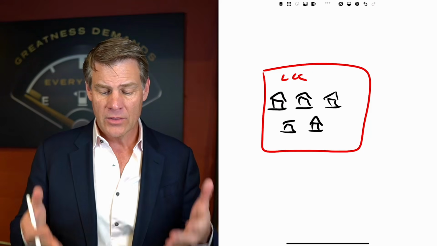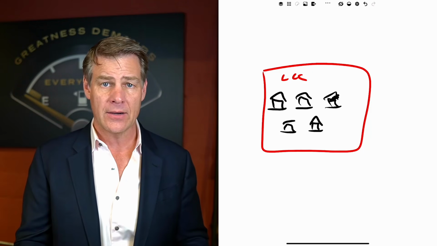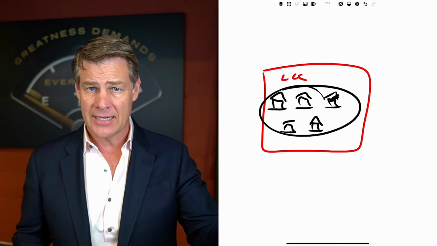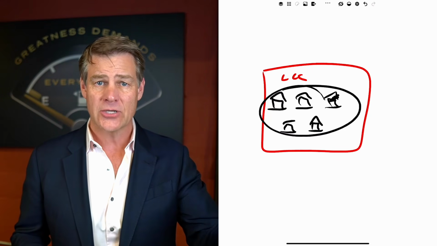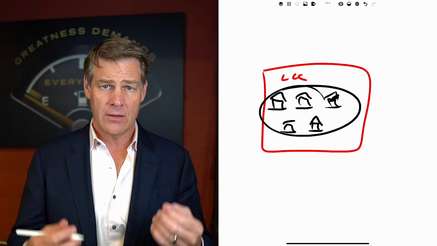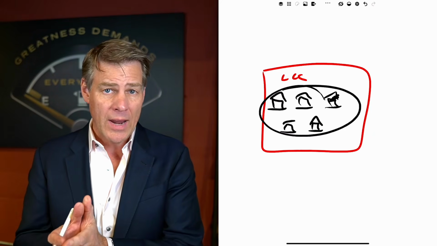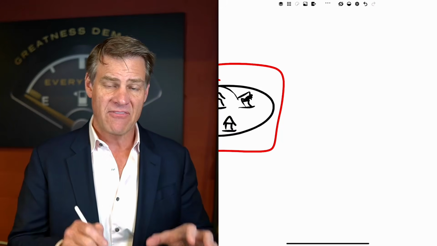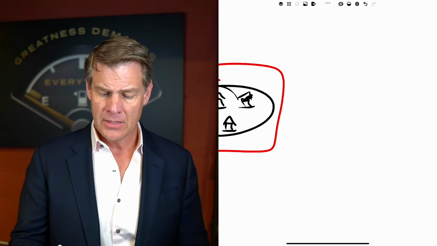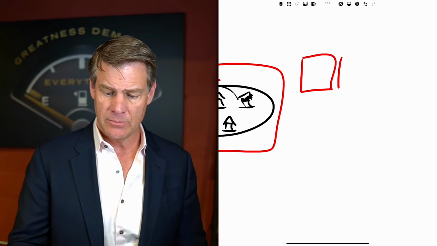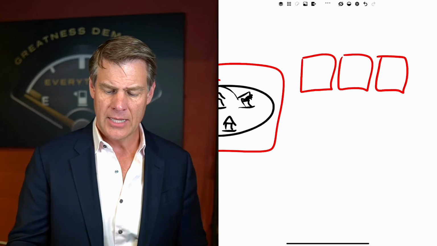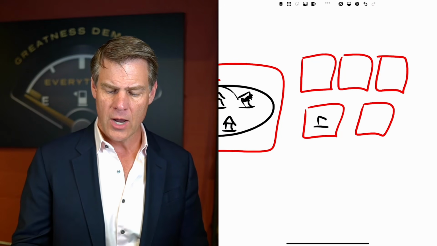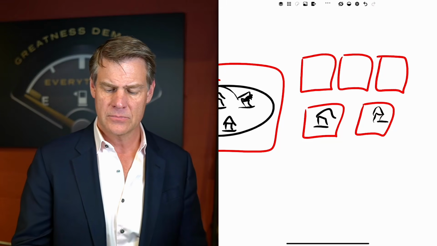Meaning, if one lawsuit hit this property right here, then everything inside of that LLC is at risk because they sue the LLC, and all of the LLC's assets are now at risk. So when you hear about a better way to structure your assets, rather than have 5 properties in one LLC, the best protection would be to create 5 limited liability companies like this, each with 1 property per LLC, as follows.